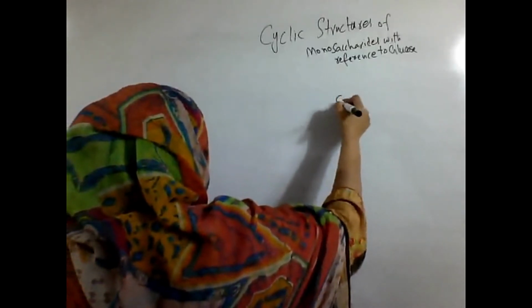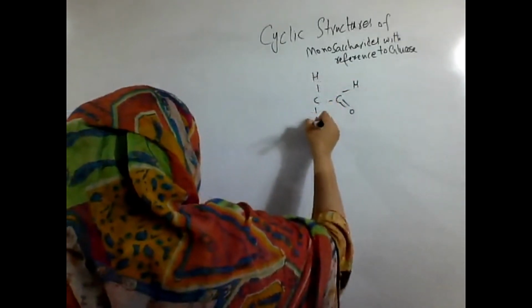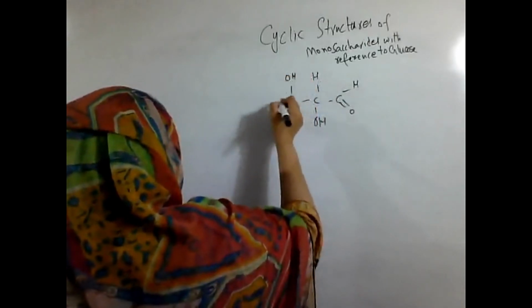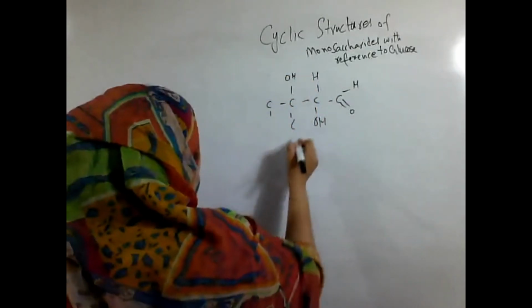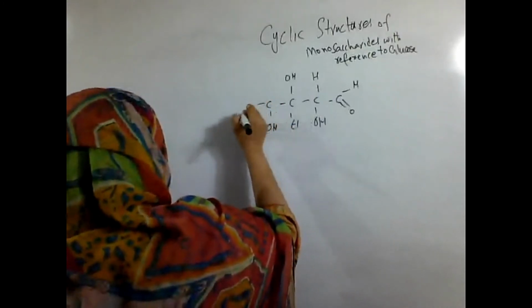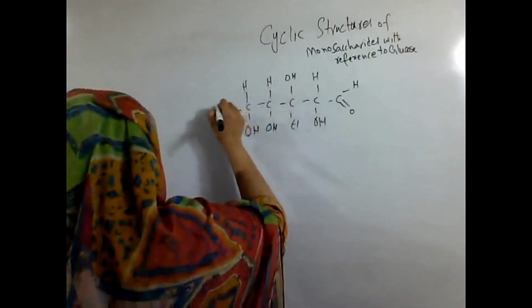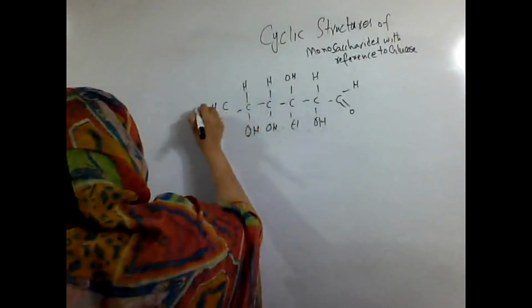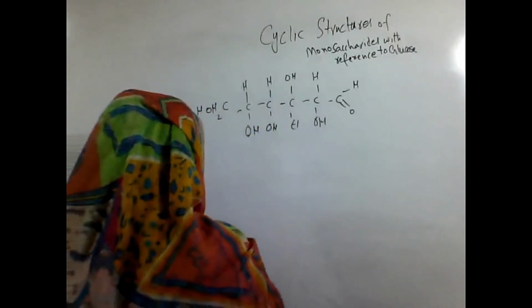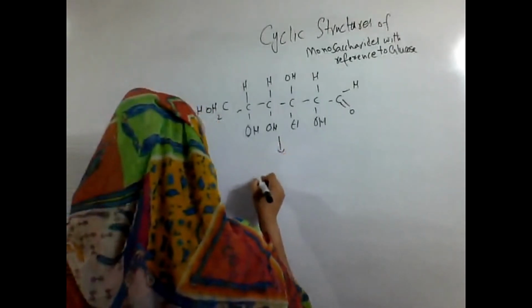Here is the simple structure of glucose, aldehyde D-glucose. This is converted into the cyclic form.